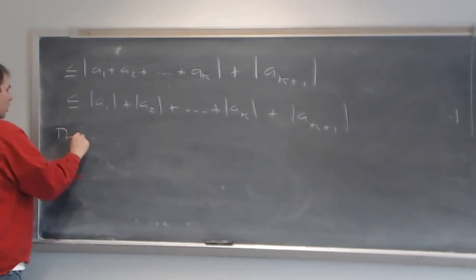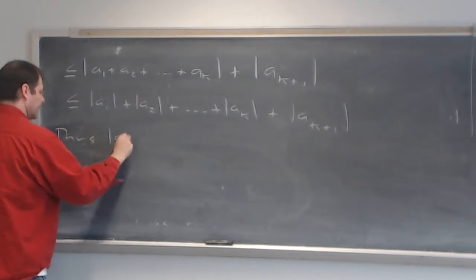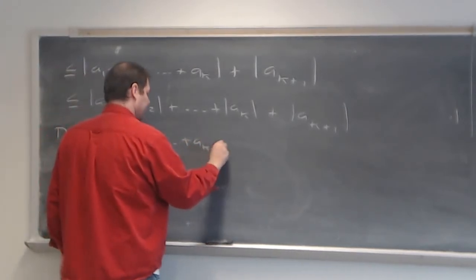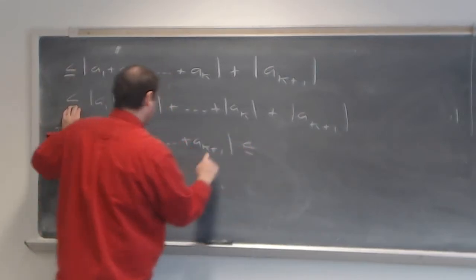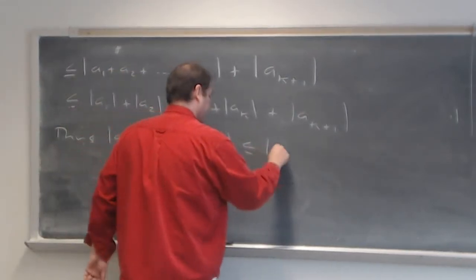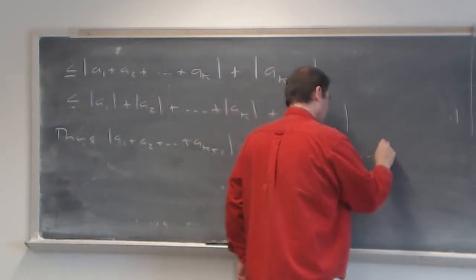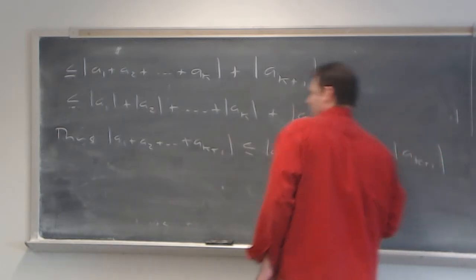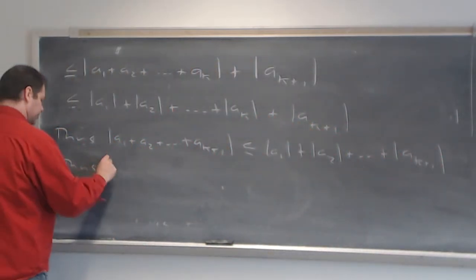And thus our original quantity, the absolute value of a sub 1 plus a sub 2 plus all the way up to a sub k+1, is less than or equal to this, which is less than or equal to this. So the original thing is less than or equal to the absolute value of a sub 1 plus the absolute value of a sub 2 plus all the way up to the absolute value of a sub k+1. And thus the statement is true by induction.